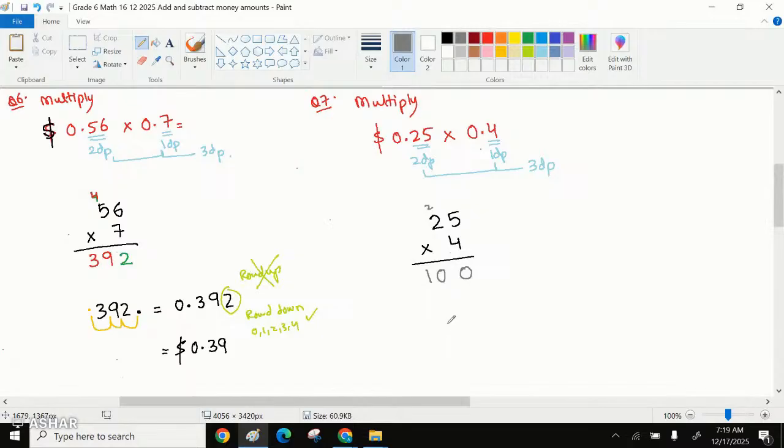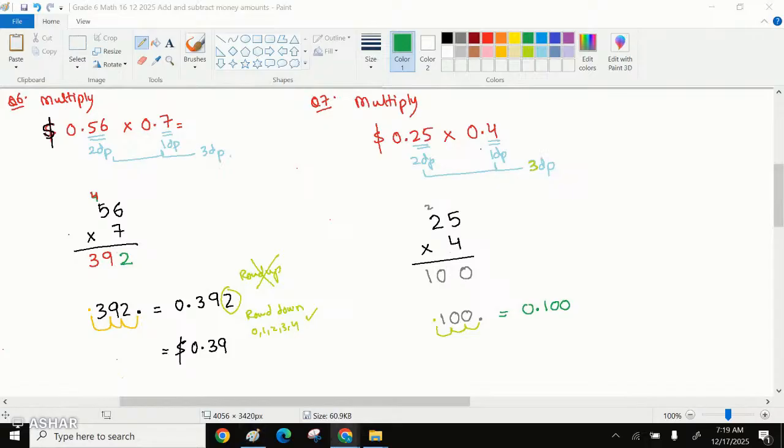So our answer comes out to be 100, but the decimal position is over here. What we need to do is move 3 decimal places. 1 place, 2 place, and 3 places. The decimal will come over here. Therefore, our answer would become 0.100, right? 3 decimal places.